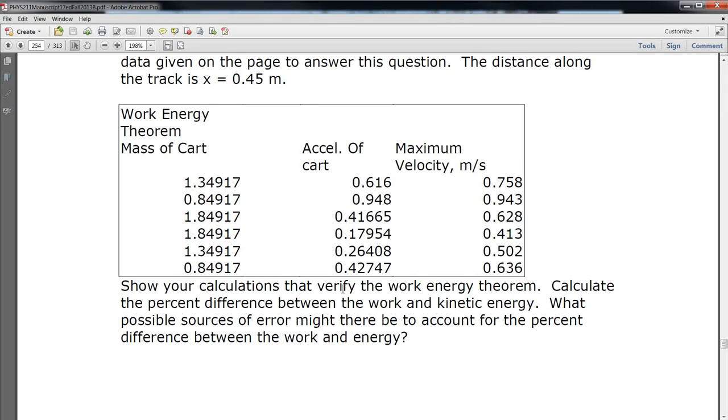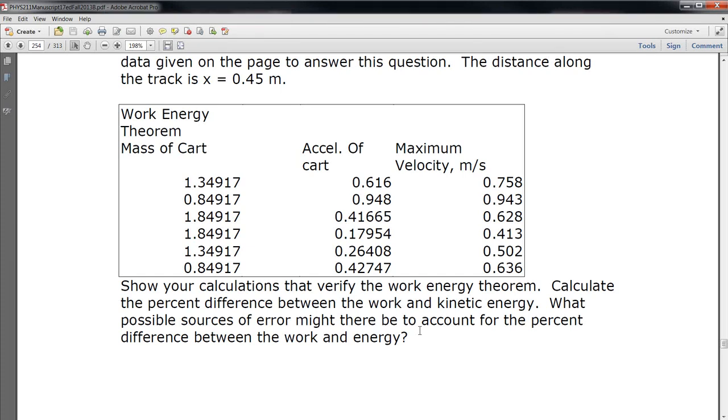So combine what you did this week and with this online lab next week, and put together a lab report on the concept of conservation of energy and the work energy theorem. Again, the lab report format is shown on the content page of your class website.